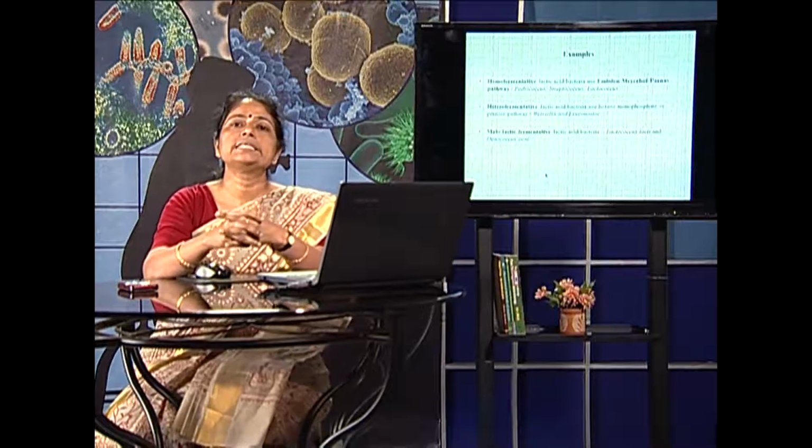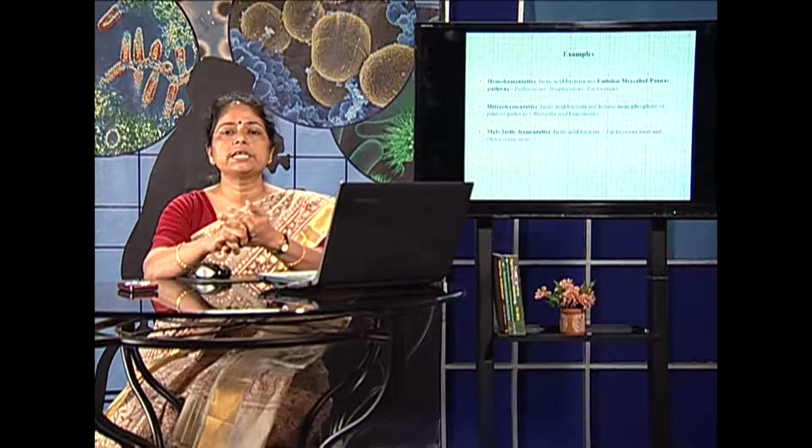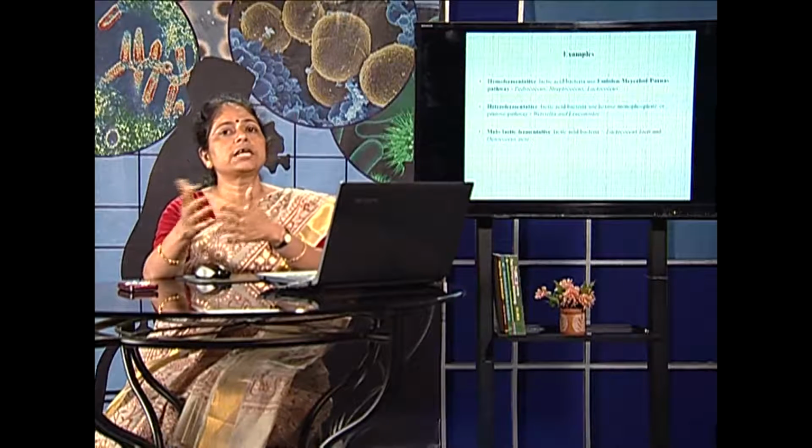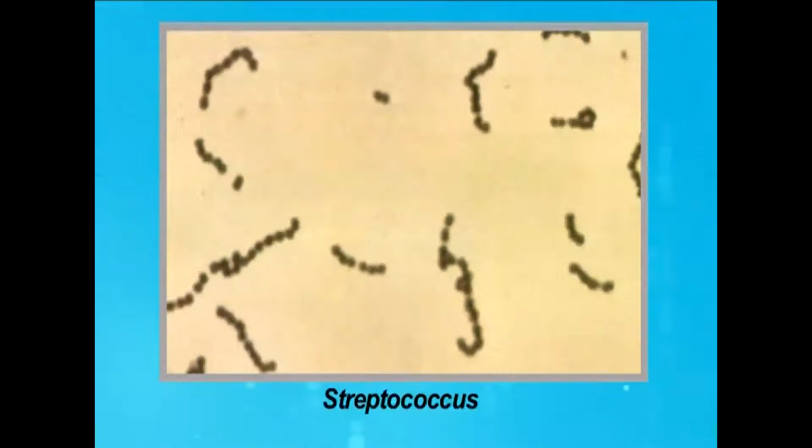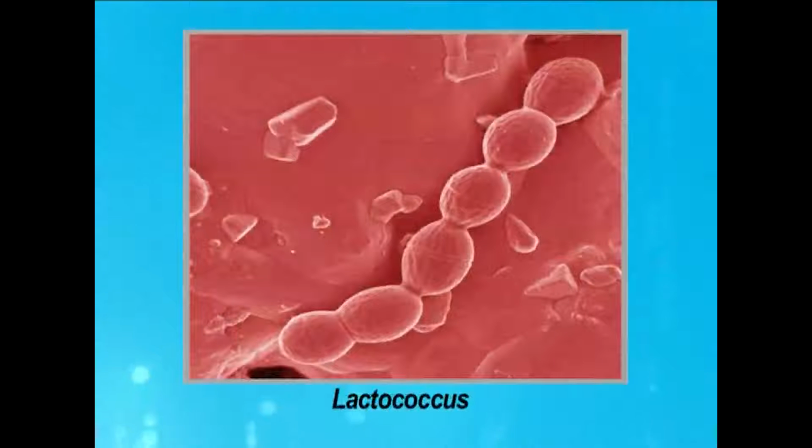So let us see the examples of the different types of bacteria which carry out these three different types of fermentative mechanisms. The homofermentative lactic acid bacteria are Pediococcus, Streptococcus and Lactococcus. They carry out this fermentation with the help of the EMP pathway, or the Embden-Meyerhof-Parnas pathway.